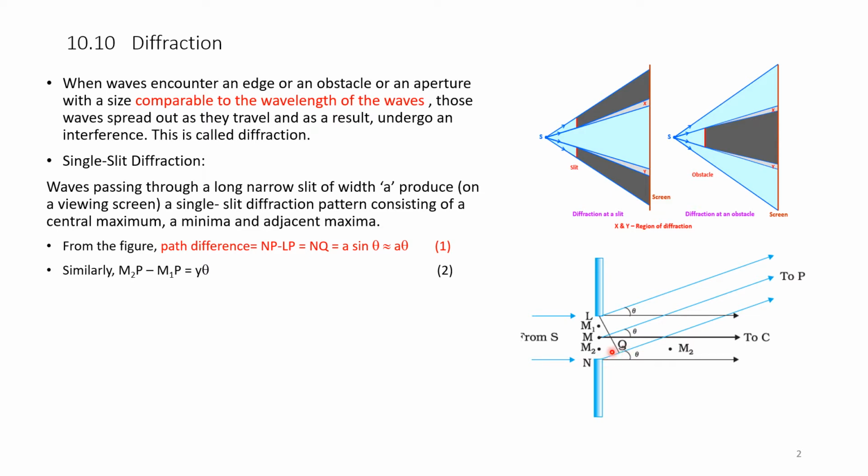Similarly, instead of L and N, we can consider two more points M1 and M2, in between, with M the central point. The ray from M goes directly to C. There will be another ray from M2 to P and from M1 to P. So M2P minus M1P will be equal to y theta.